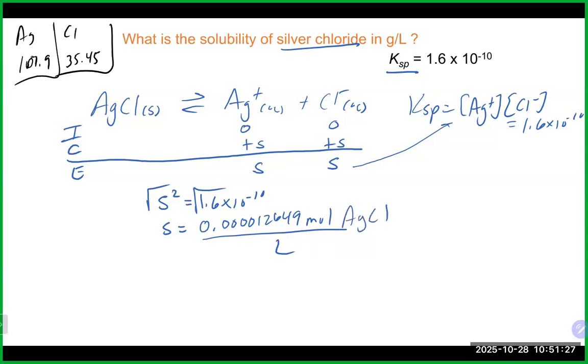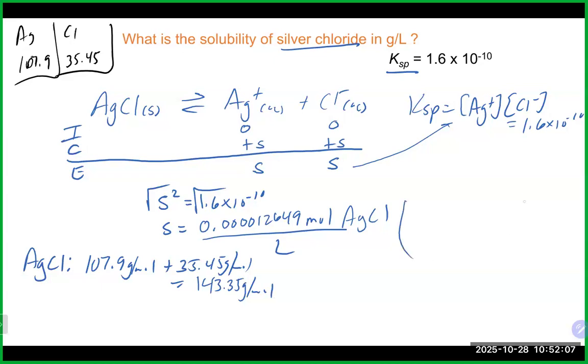Obviously, you would want to reduce it down if you're going to give the molar solubility, maybe down to 0.000013 or something like that, which would be much better. But in this case, we're actually looking for grams per liter. We need the molar mass of silver chloride: 107.9 for our silver, plus 35.45 for our chlorine, which gives us about 143.35 grams per mole.